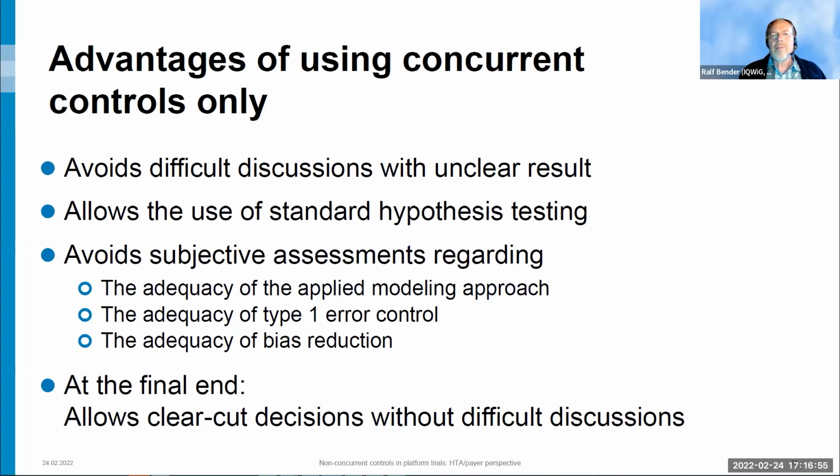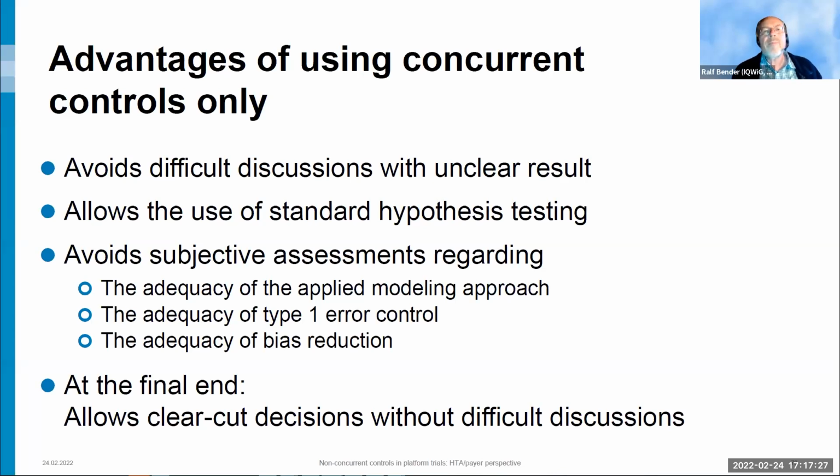It allows the use of standard hypothesis testing, and avoids subjective assessment regarding the adequacy of the applied modeling approach, the adequacy of type 1 error control, and the adequacy of bias reduction. In the end, it allows clear-cut decisions without difficult discussions. So if you want to avoid difficult discussions, then avoid using non-concurrent controls.